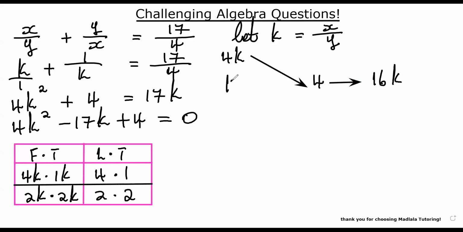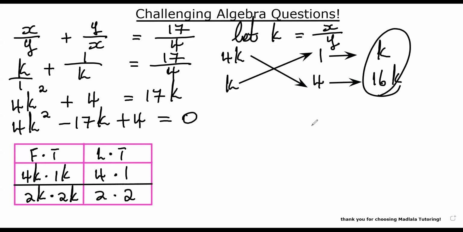And I take my 1k and I multiply it by 1. So when I do, I'm just going to get 1k, which is k. But then in order for these two to give me negative 17, that's if and only if both of them are negative. All right? Okay, fine.